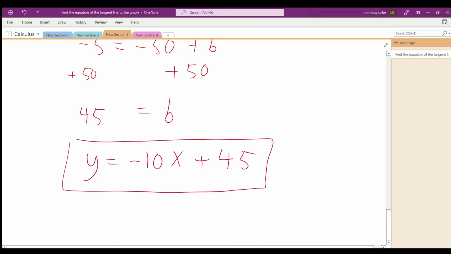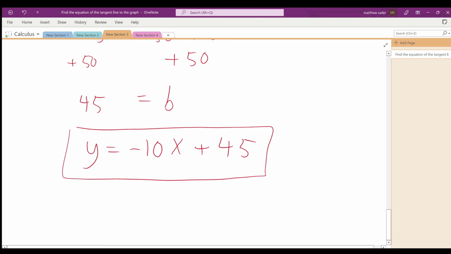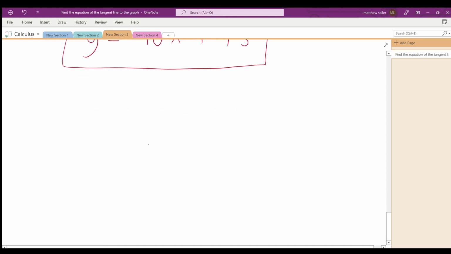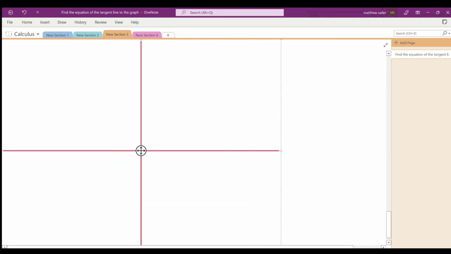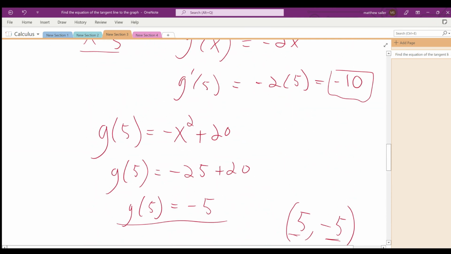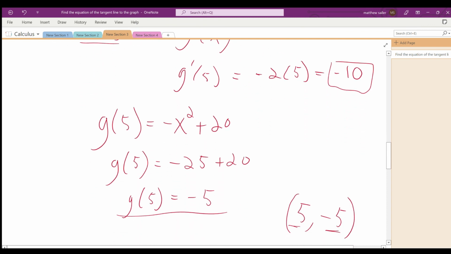And just to visualize it, just to make sure we did this correctly, let me draw a quick graph here. Oh, that is not what I wanted to do. So draw, no, wrong one. There we go. So we drew an axis. And we know this is an upside down parabola because it's negative x squared.